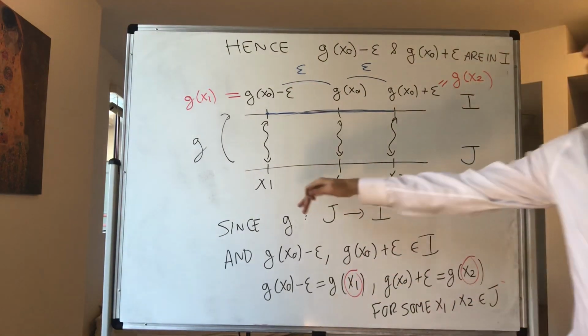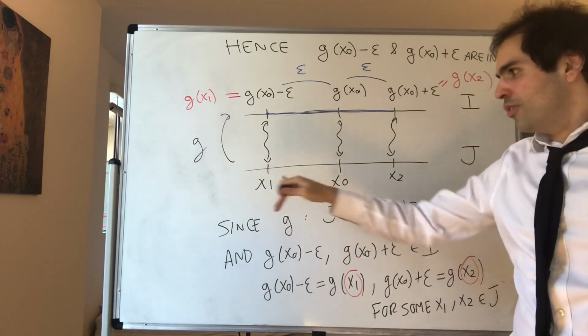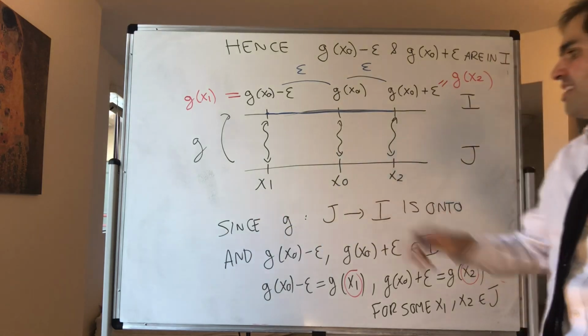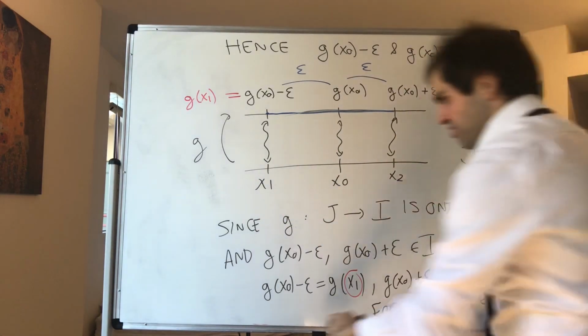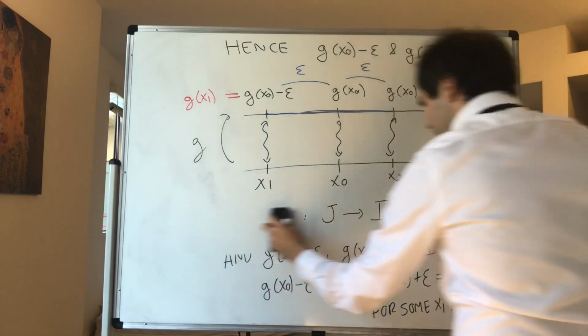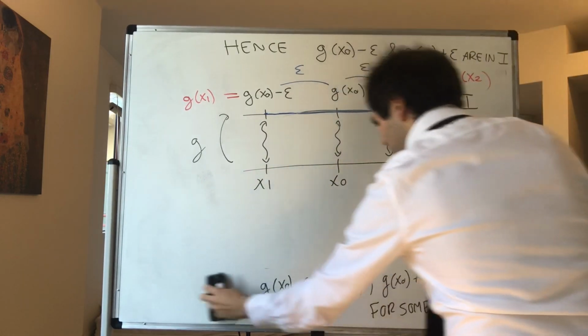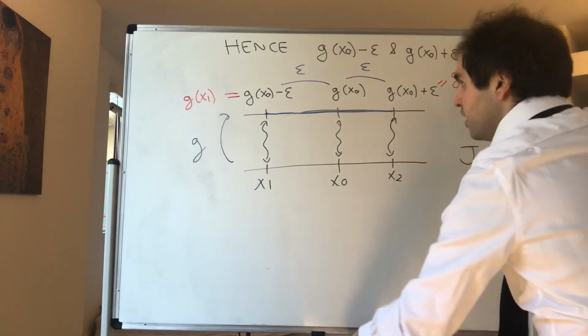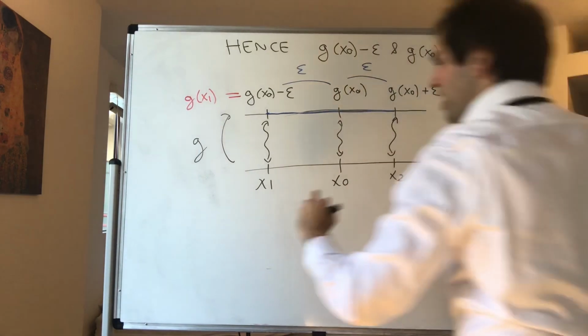Alright, however, we do need to show that this picture is correct. So let's show that x1 is less than x0 is less than x2. Now, on the one hand, what do we have?